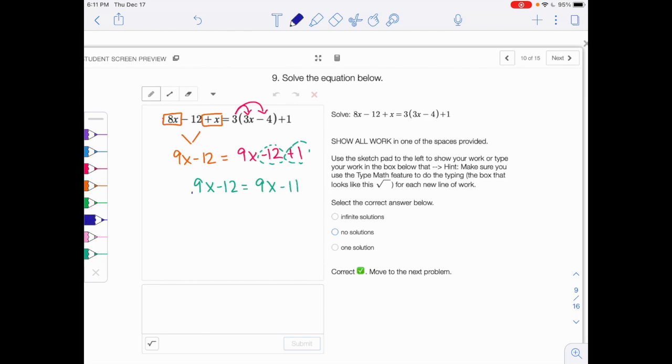And you could recognize right here that the answer is no solution. Or if you don't, you can take it one step further and subtract 9x from both sides to see that negative 12 is not equal to negative 11, still resulting in no solution. Either of that is fine. Again, you need to show your work up until the 9x minus 12. Again, if you just put the answer and don't show any work, you're not going to get full credit.